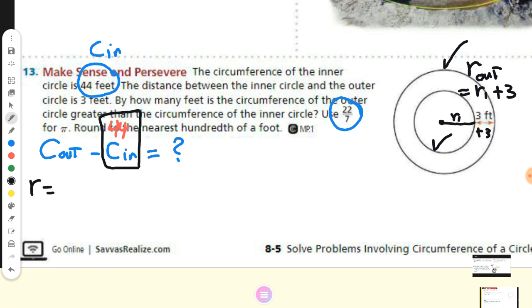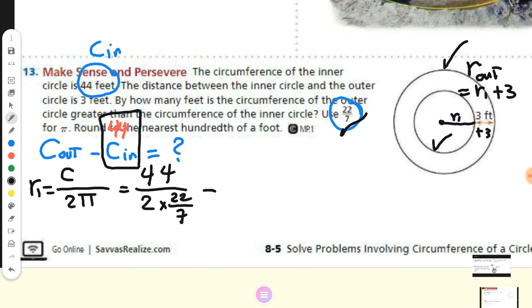So R1, the radius of the inside circle, equals C divided by 2π, which is equal to 44 over 2 multiplied by 22 over 7, using 22 over 7 for pi. So, simplified, very easy to simplify. 22 divided by 2 equals 11, and 22 is 22, so it will equal 7 feet.